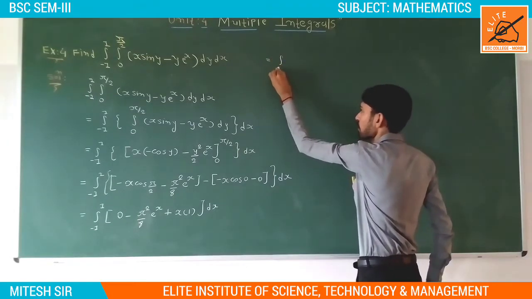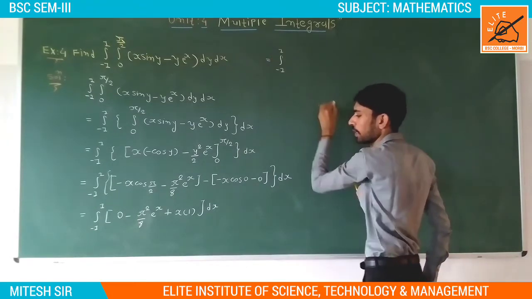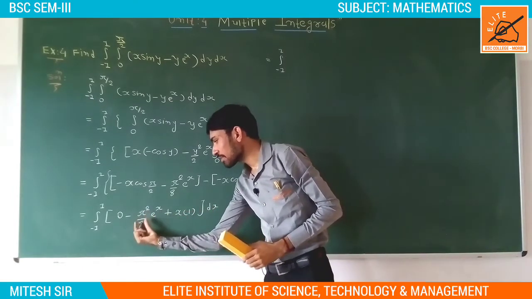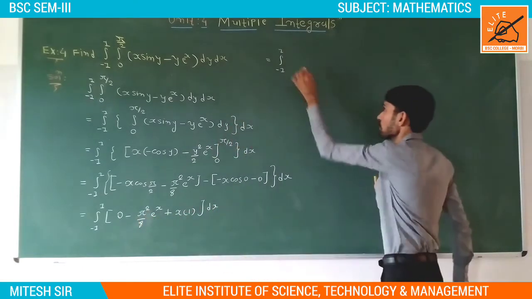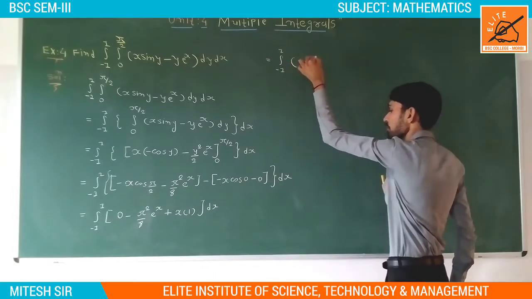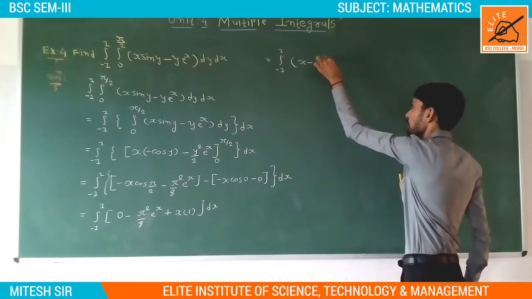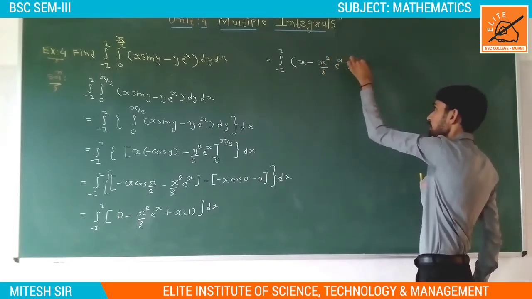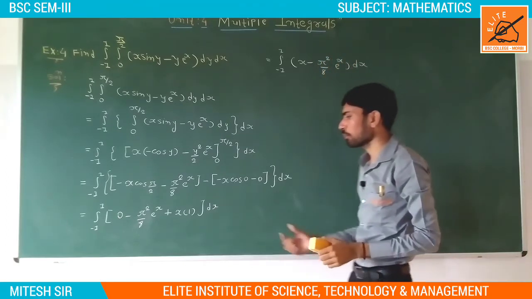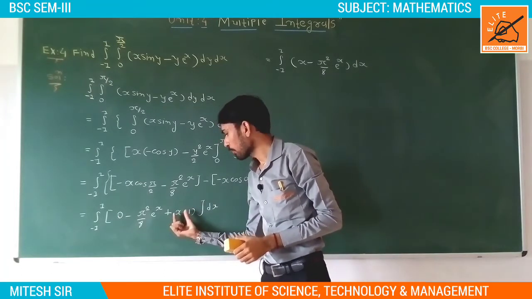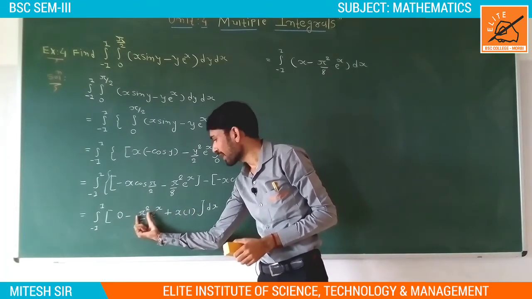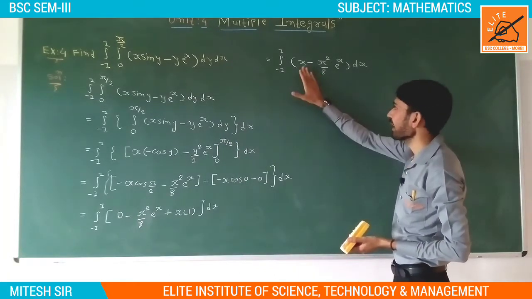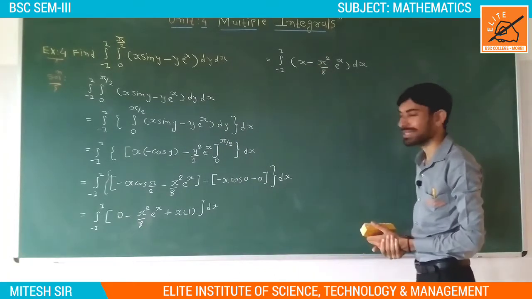So integration -1 to 1, we just have the function x minus π² upon 8 e raised to x, dx.